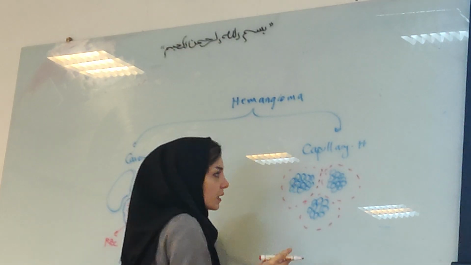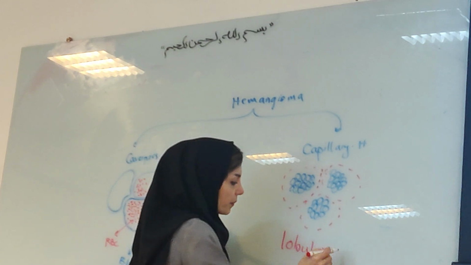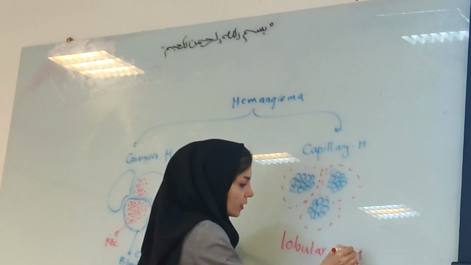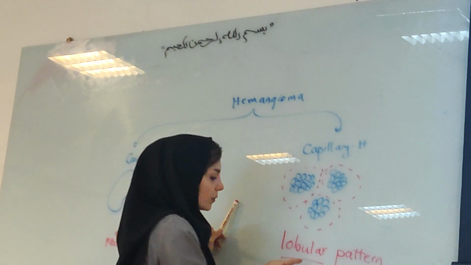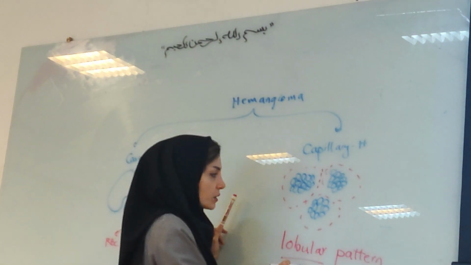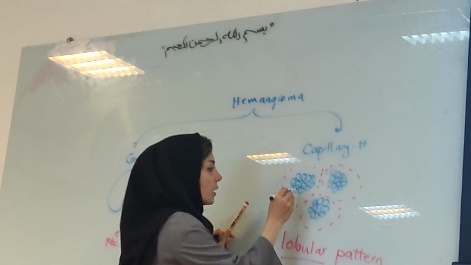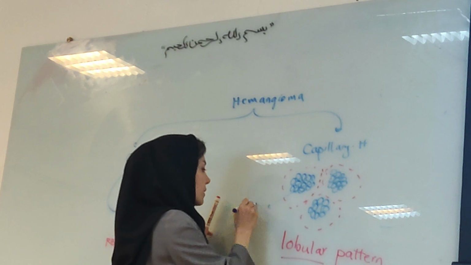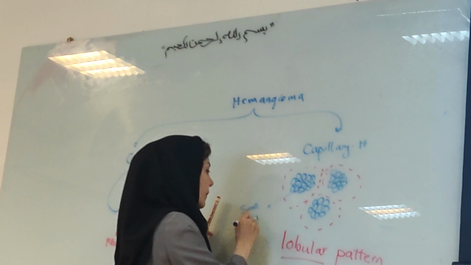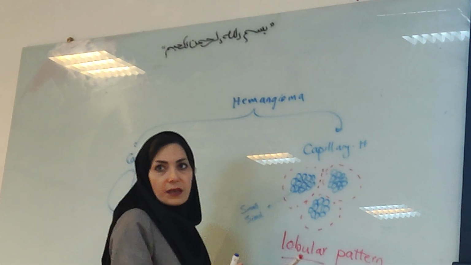In capillary hemangioma, capillary vessels form a lobular architecture or lobular pattern. The lobular pattern is an important point to recognize the capillary hemangioma. These vessels are really small sized blood vessels that are proliferated in a lobular pattern.